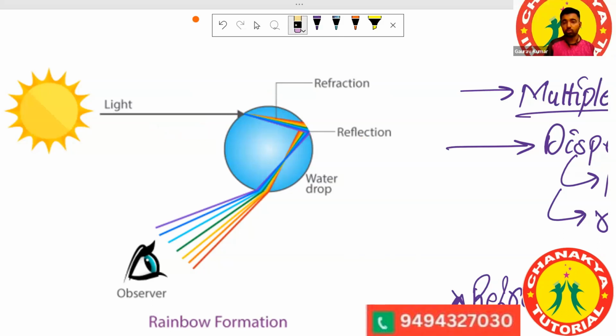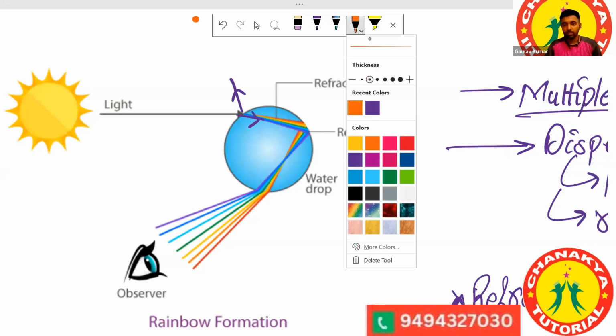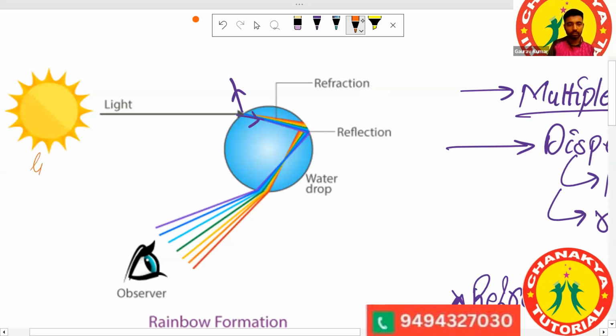So two things happen: there is refraction and there is also reflection. At every medium, whether it is water or glass or anything, light gets reflected and also gets refracted. That means the light is transmitted.